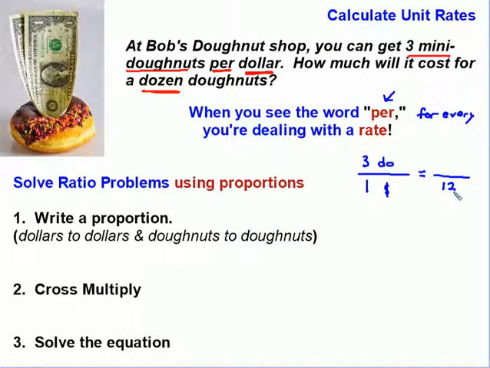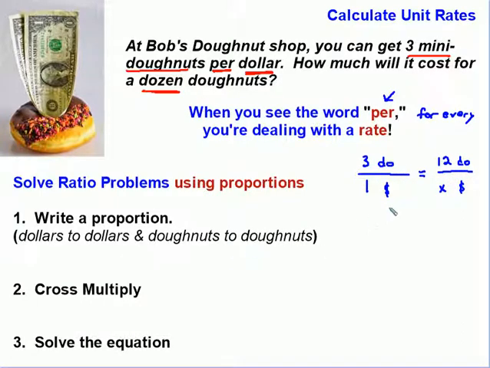Is that right? 12 donuts. That doesn't make sense because I didn't match my units across the top and across the bottom. I've got to get rid of that and put that up on the top. 12 donuts for how many dollars? That is my proportion.